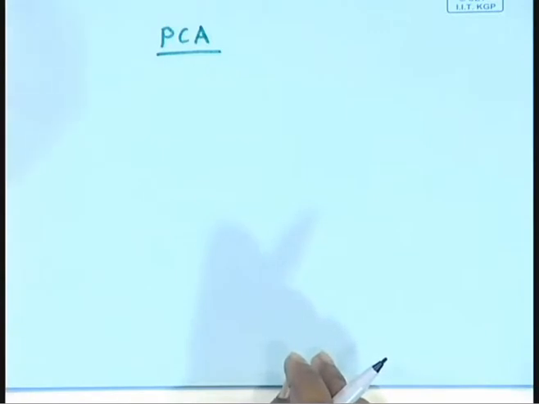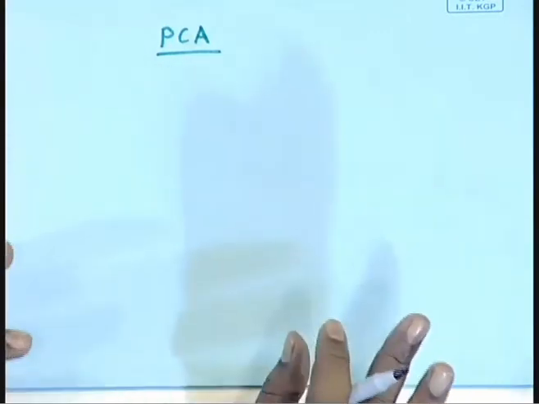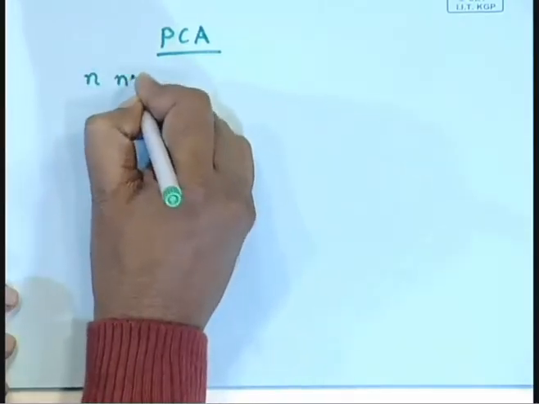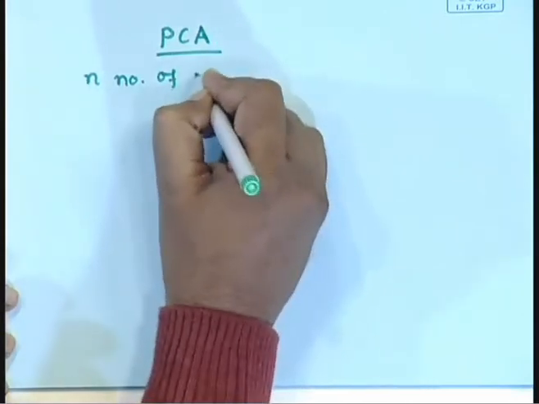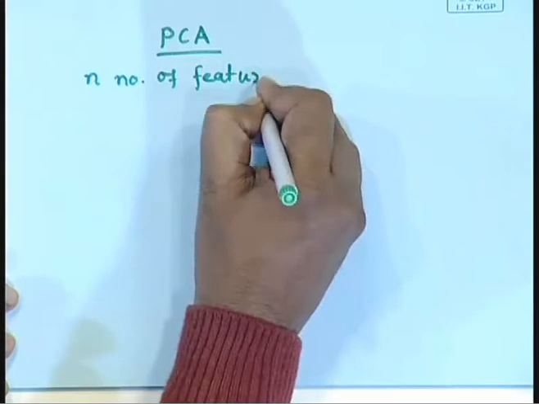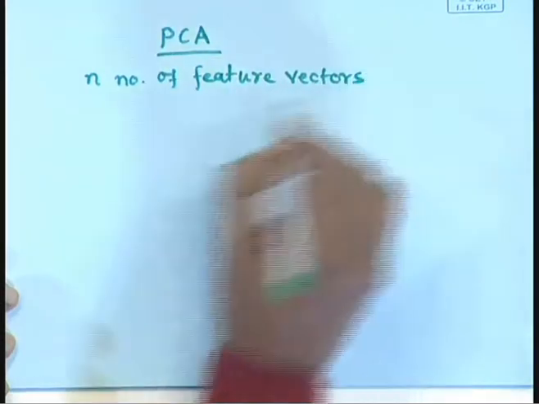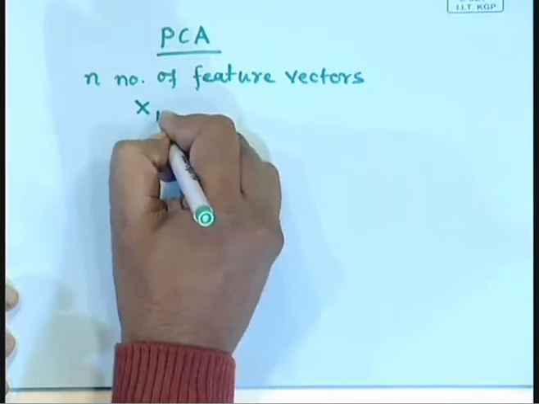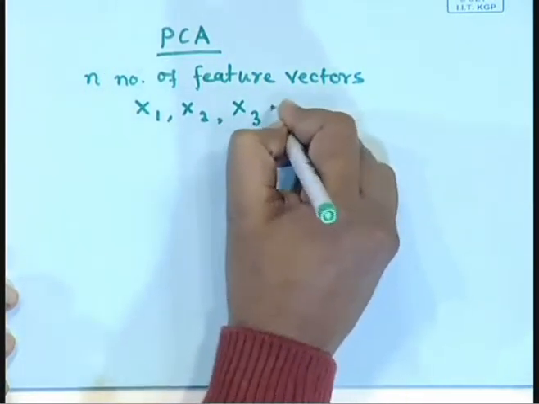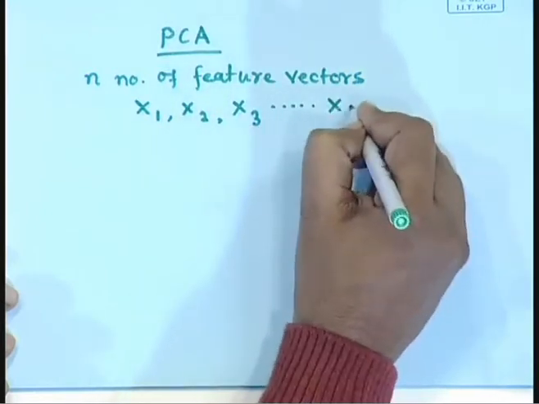Okay. So, our problem is like this, that we have been given n number of feature vectors. Every feature vector is of dimension d. Where the feature vectors are x 1, x 2, x 3 up to x n.